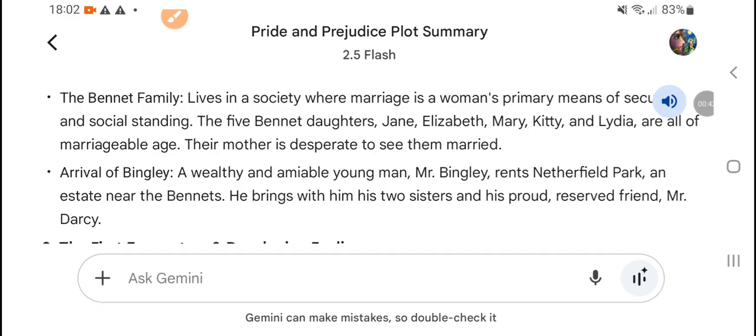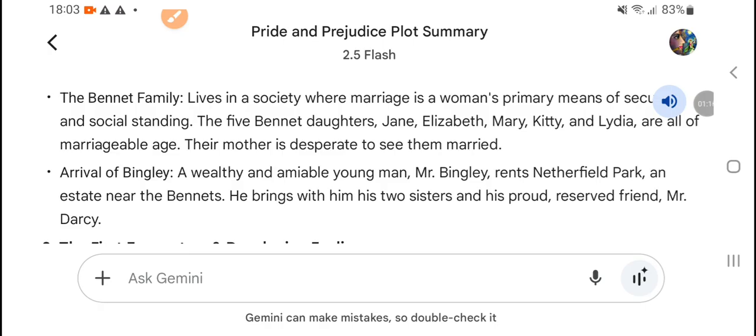Here we will meet three brother and sisters, Charles Bingley, right? Then Lady Hurst, the married sister of Charles Bingley, and Caroline Bingley, unmarried girl. Along with these three brother and sisters, their family friend, Fitzwilliam Darcy, comes with them.